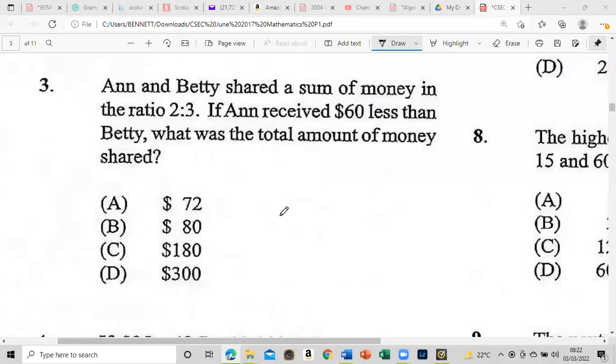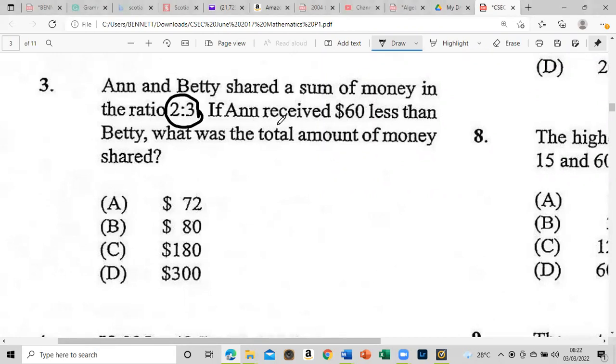Alright, so number 3 says, Anna and Betty share a sum of money in the ratio 2:3. If Anna receives $60 less than Betty, what was the total amount of money shared? Now, this one can be a little bit spooky, alright? But we have to go back to what we know. With the ratio, it's proportional, right?